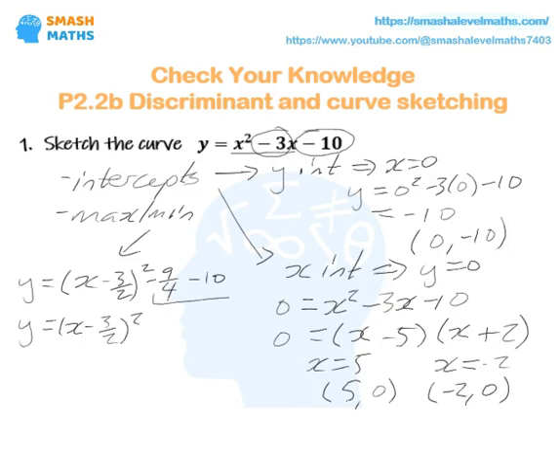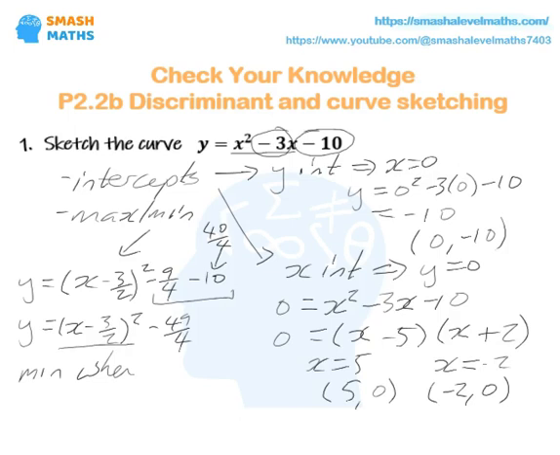We've now got to put those two bits together. I'm going to write 10 as a fraction, so that's 40 over 4. So we've got minus 9 over 4, minus 40 over 4, that's minus 49 over 4. Right, and so we know that our minimum point in this case is going to happen when that bit there has got a value of 0, because that's the smallest it can possibly be.